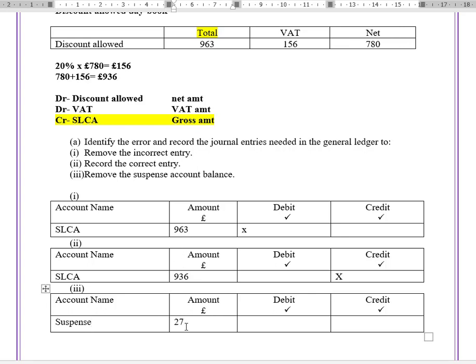And as I learned over the course of time, I don't necessarily need to stress my head around what will I debit and credit. Just check the difference between those two and which side is the lower side, so that even this journal as it is here will comply with double entry. So the lower side is the credit side, which is SLCA. On the credit side, the lower 936, my suspense account will go to the lower side as well. So that those two will add up to exactly £963. I hope that has been useful.